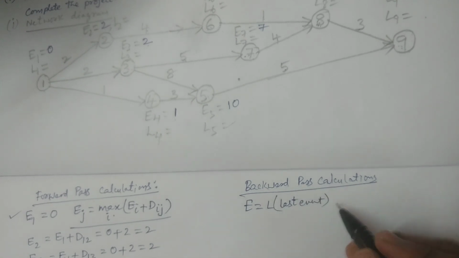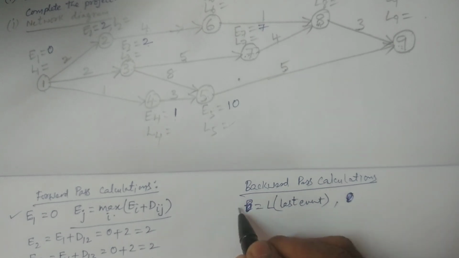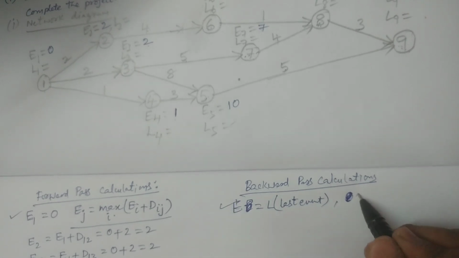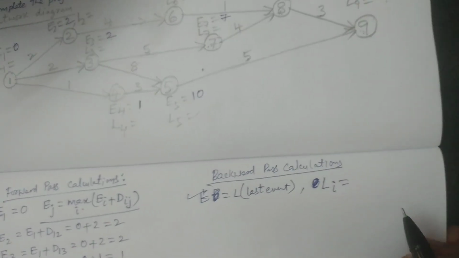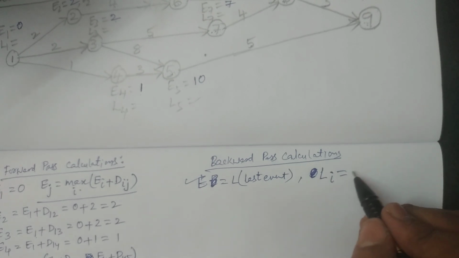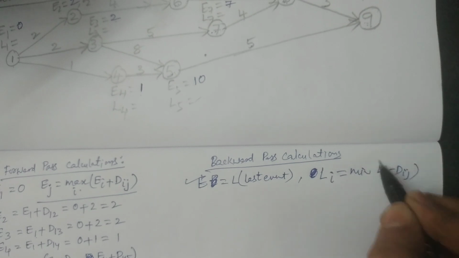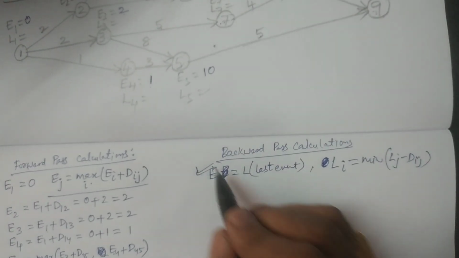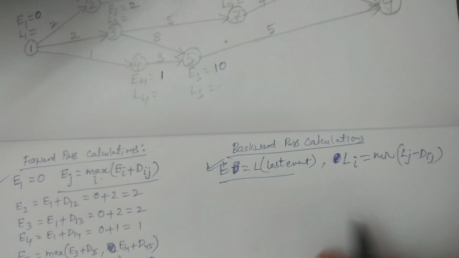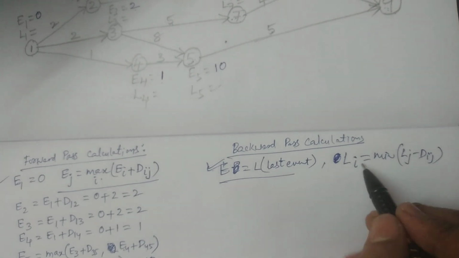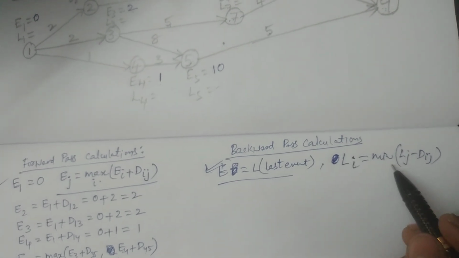E is equal to L. The remaining values of Li are going to be calculated with the formula minimum of Lj minus Dij. For the last node, E is equal to L, and all remaining values are calculated by taking the minimum.